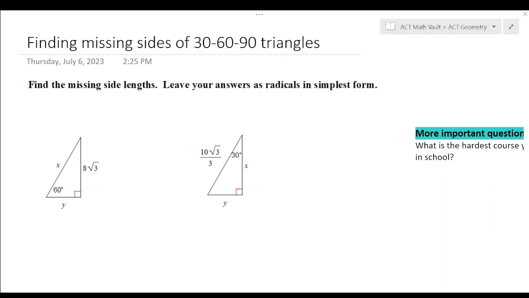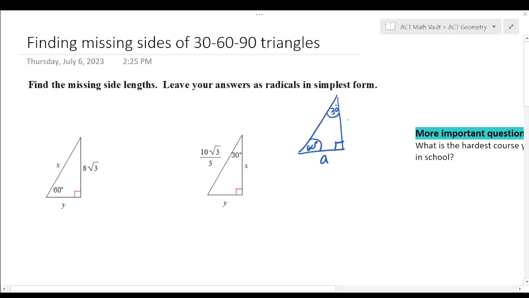Okay, so 30, 60, 90 triangles mean that in a triangle, one angle is 30 degrees, one is 60, and one is 90. So think of this like small, medium, and then large, the 90. Across from the smallest angle will be the smallest side, which we can call A. Across from the medium size angle is going to be the medium side length.